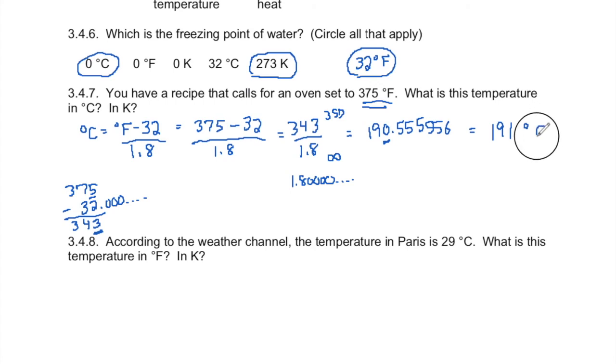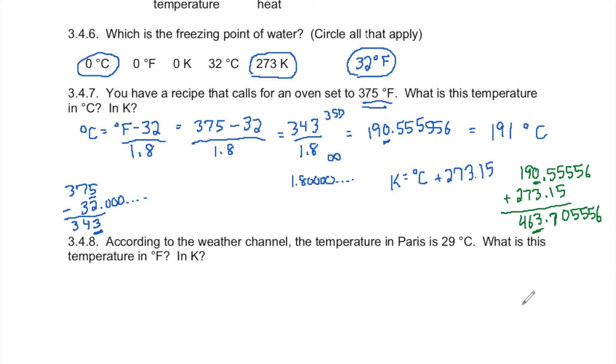degrees Celsius. If we want to, we can keep this intermediate value to convert to kelvins because our Kelvin is going to be our degrees Celsius plus 273.15. Let's go ahead and add this.